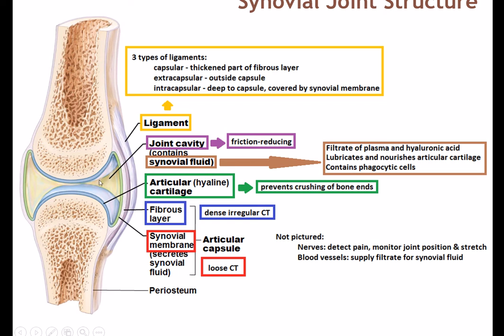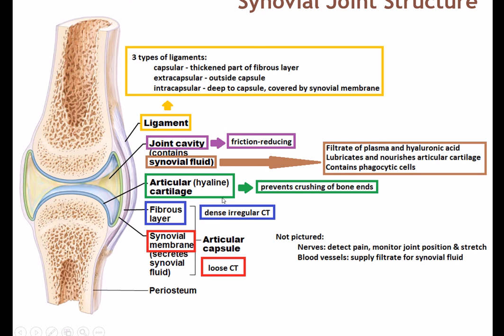And we get synovial fluid basically from filtering out our blood plasma. So not only is this a great friction reducing structure, there are also phagocytic cells inside the synovial fluid, which can help clean up debris, really good lubrication. It helps nourish the articular cartilage that covers both of the bone ends here and here, which is hyaline cartilage, of course.